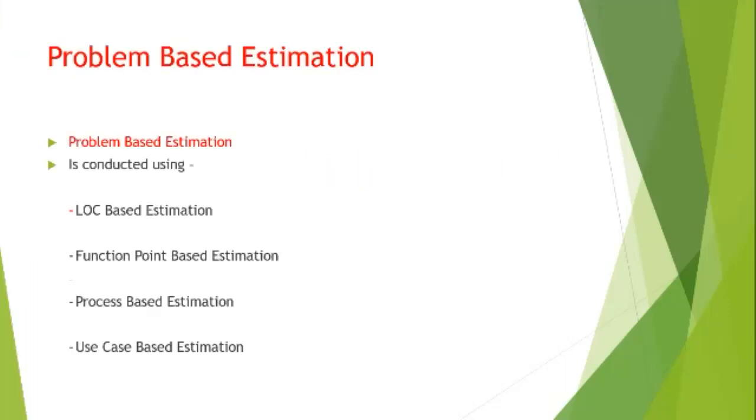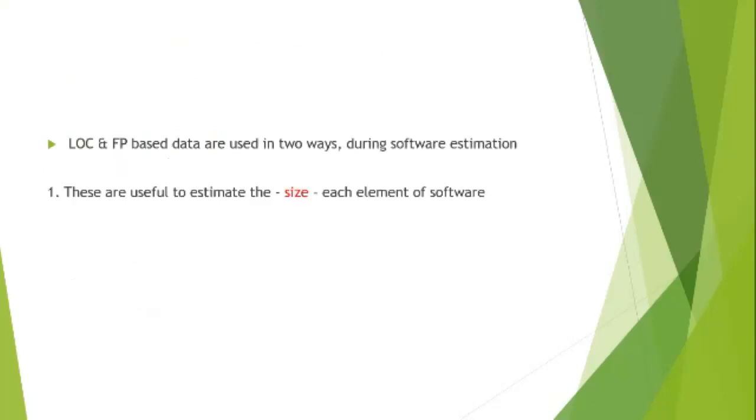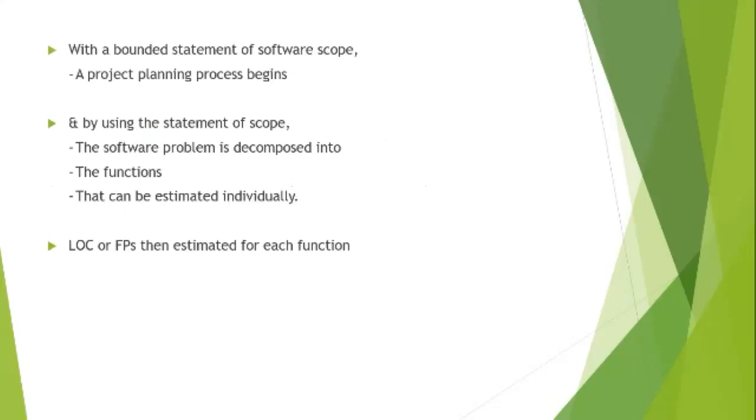Problem-based estimation is conducted using LOC-based estimation, function point-based estimation, process-based estimation, and use case-based estimation. LOC and FP-based data are used in two ways during software estimation. These are useful to estimate the size of each element of software.